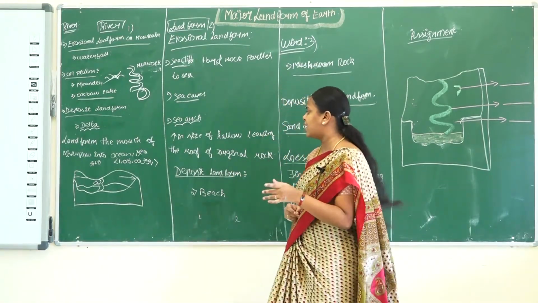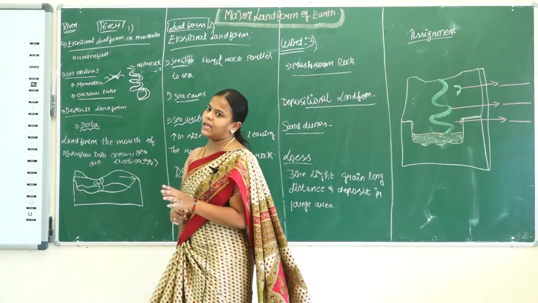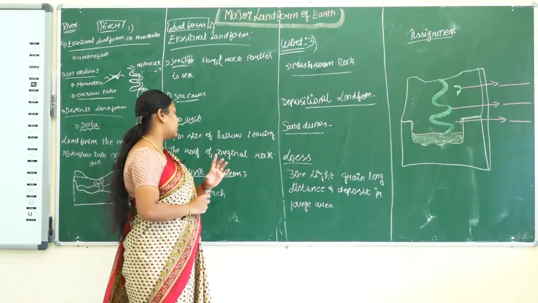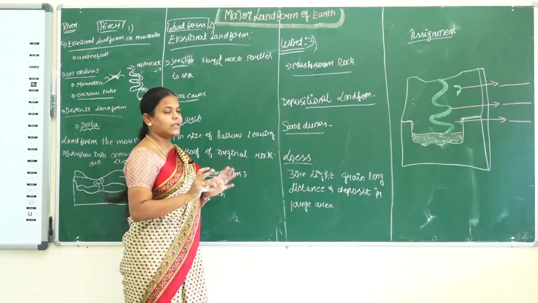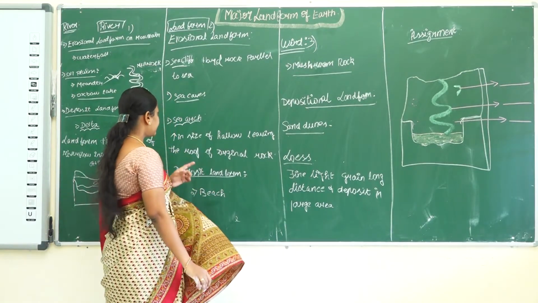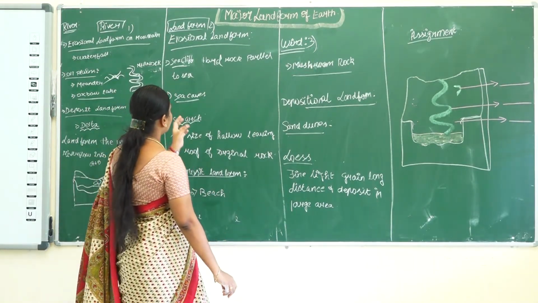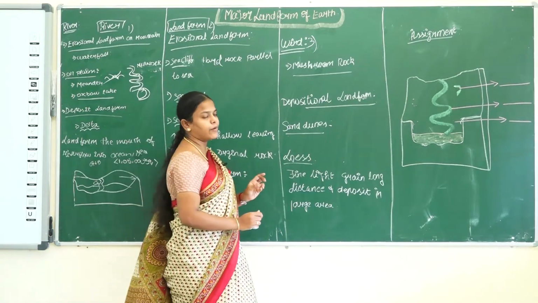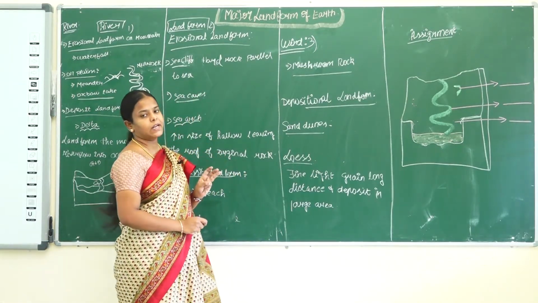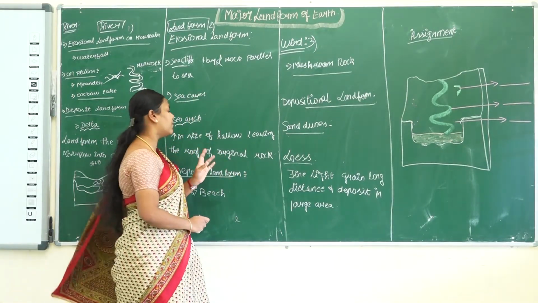Next, coming to sea arch, the sea erosion increases, leaving the roof of the original cave. Now we have seen the erosional landforms, that is the 3 types: sea cliffs, sea caves and sea arch.